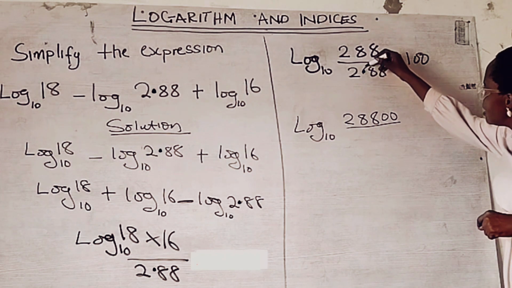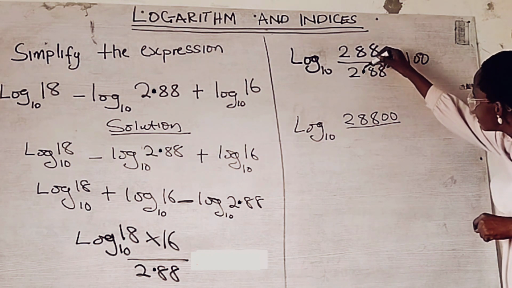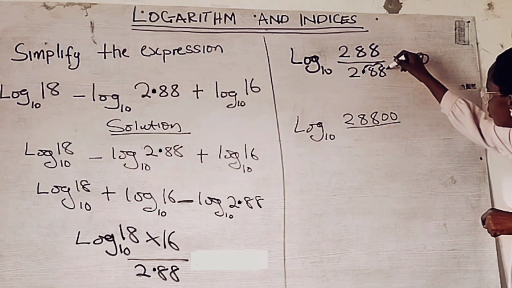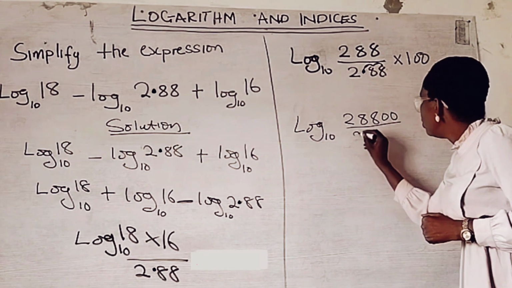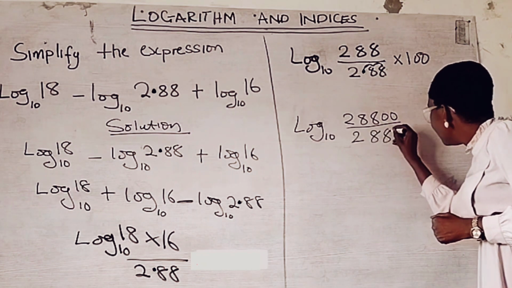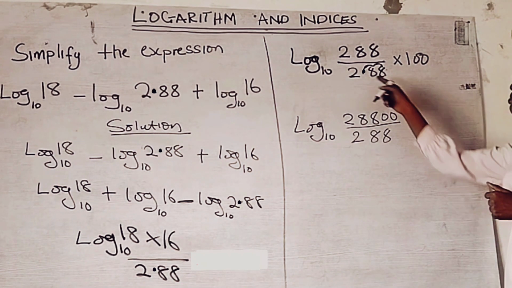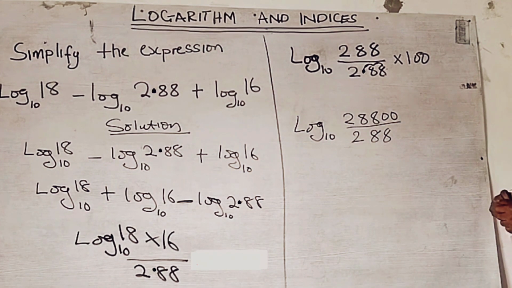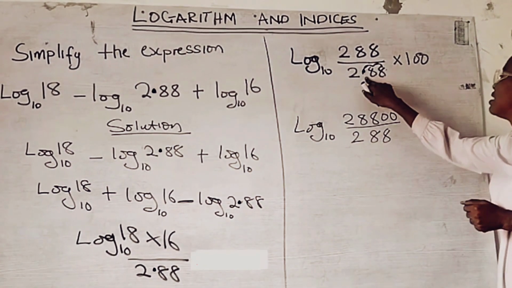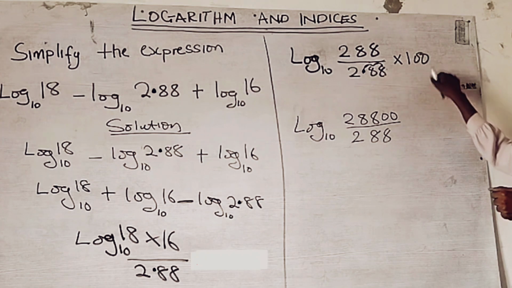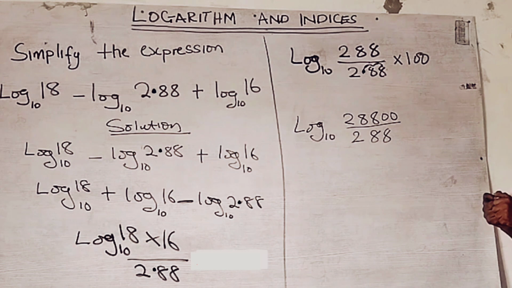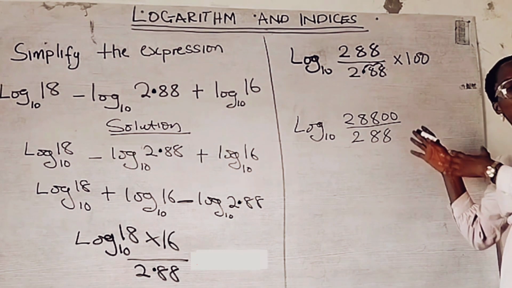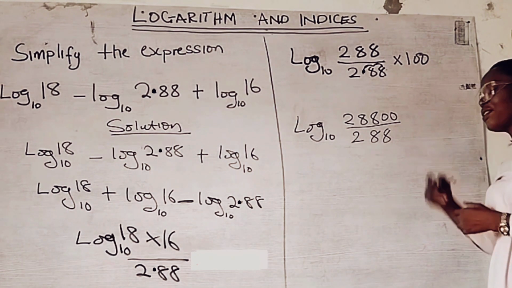By the counting, I'll drive this decimal point from this side to this side so that I'll have something like this now: 288. Remember, I told us that I'll remove this decimal point if I multiply this number by 100, and I've done so now.